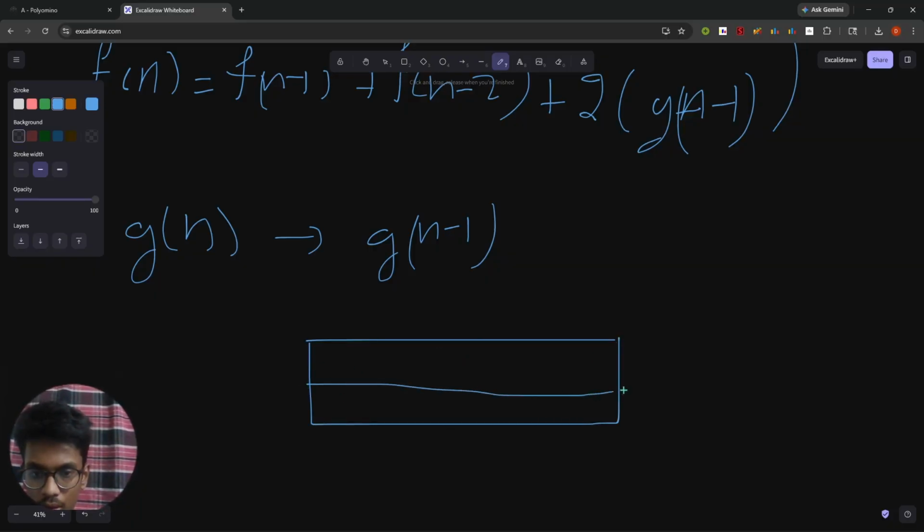What do I mean? Let us understand. Let's say I've placed it this way. If I place a horizontal here, which state is it leading me to?